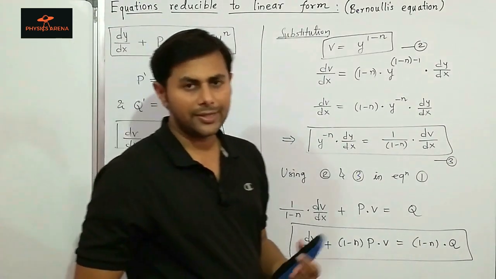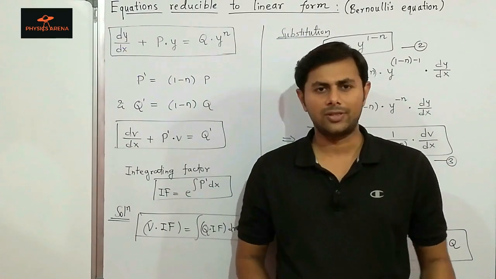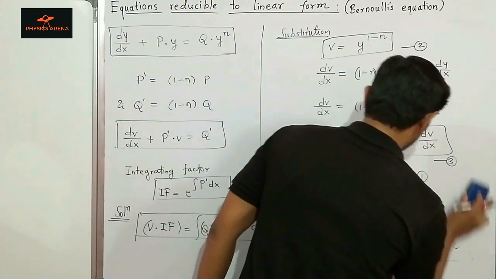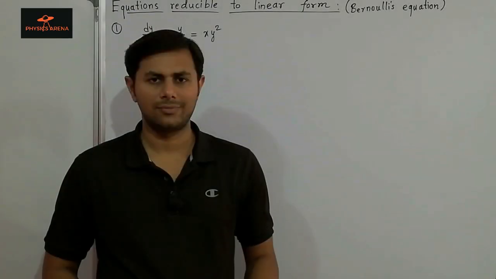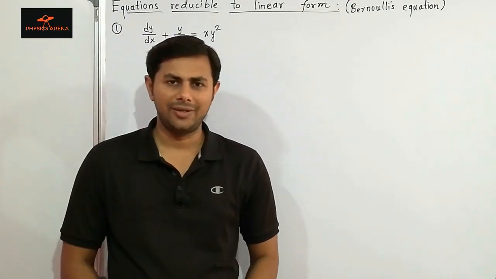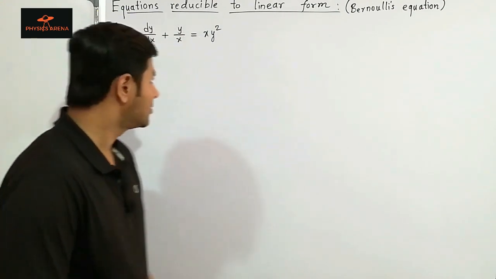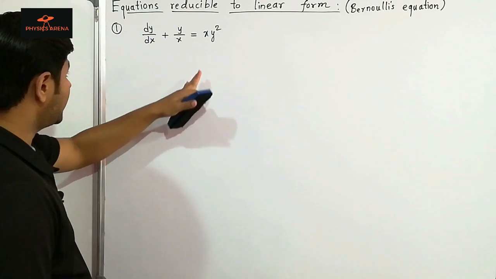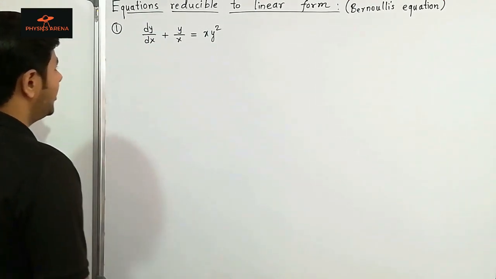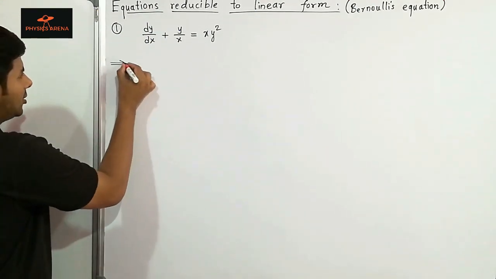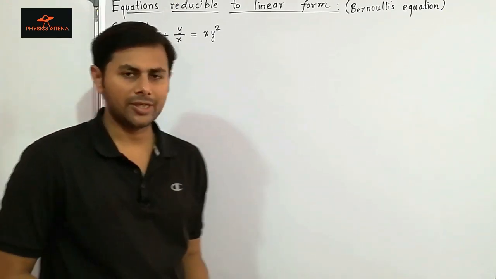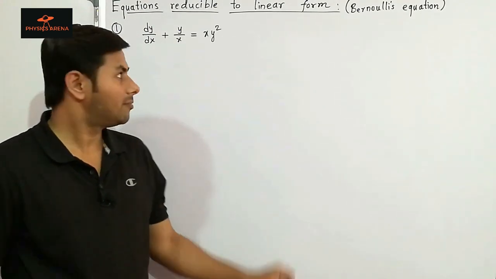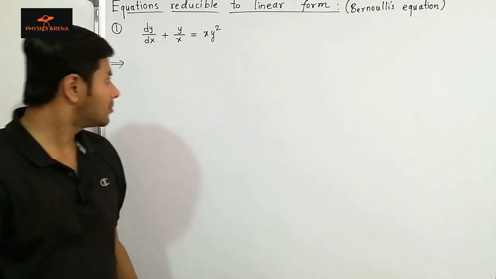So now let us try some problems on this method. So let me erase this. Okay, so let us see problem number 1: dy over dx plus y over x equals x multiplied by y square. As per the procedure we discussed, we need to divide this whole equation by y square.